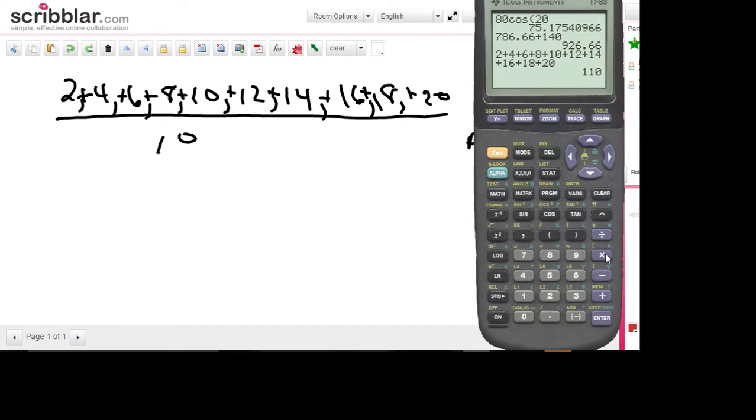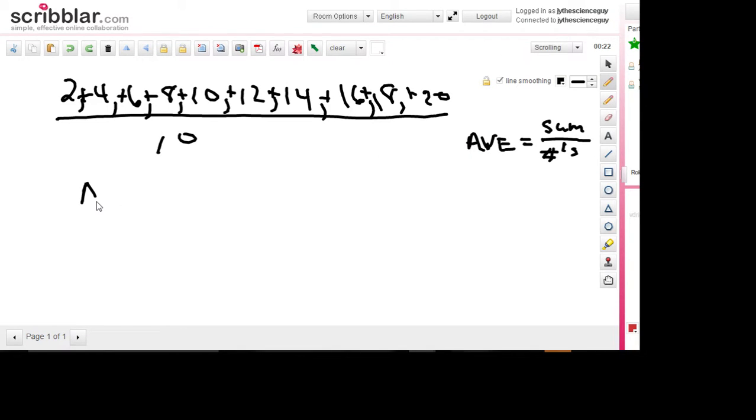I get 110, and then I'm going to divide it by 10, and you get 11. Okay, so that's the long way to do the question. So the average for the first 10 is 11.